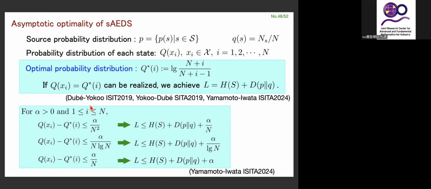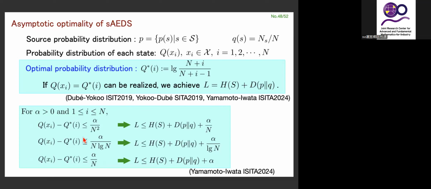This result was first proved by Dube and Yokoo in 2019. But Dube and Yokoo treated the case that Q is equal to P, and N tends to infinity. On the other hand, we proved this result for general Q.